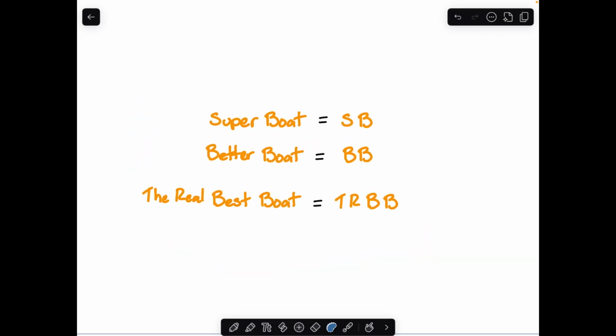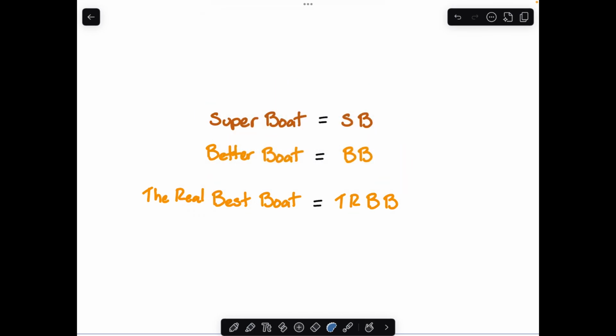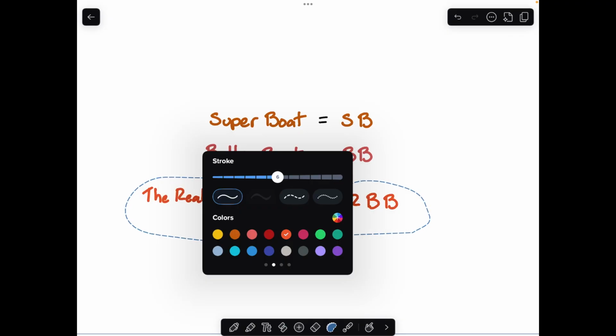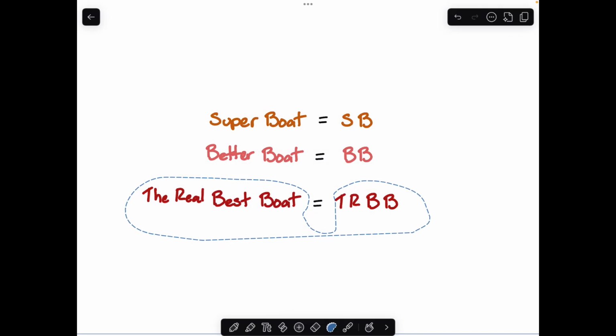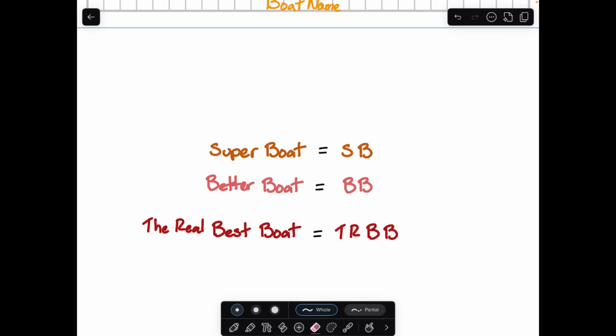It's not a bad idea to use different colors for the different boats as well. And since this is a key that is going to help us understand our graph, that makes this a legend.